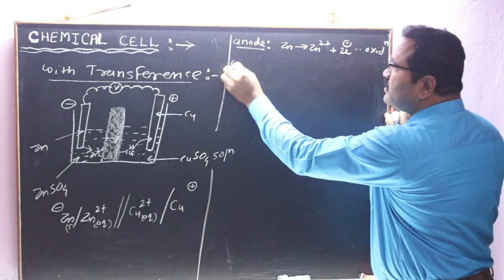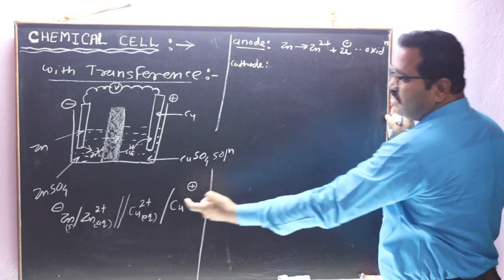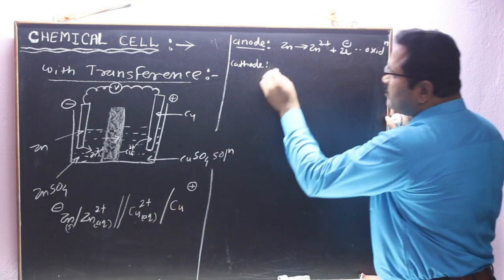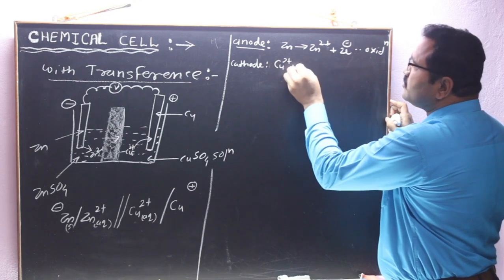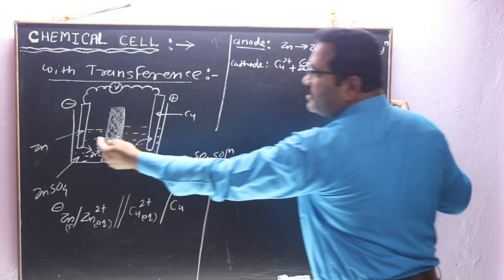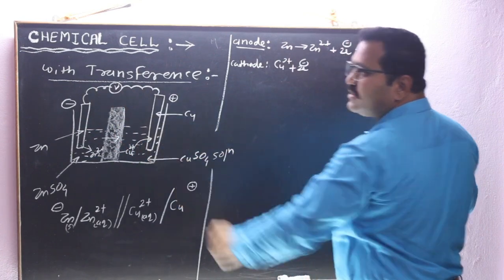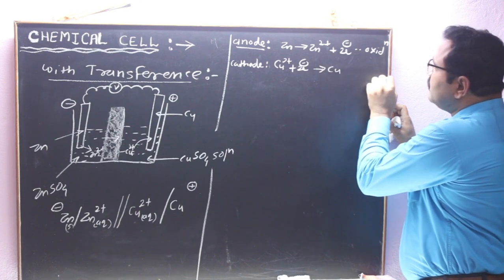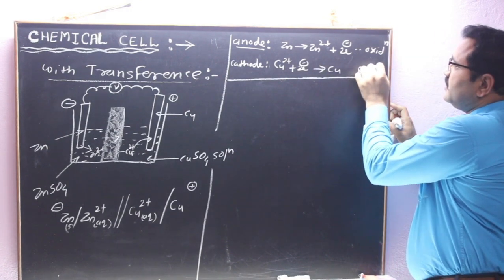At the cathode, reduction takes place. Cu2+ ions take 2 electrons, these electrons traveling through the external circuit, and form Cu. This reaction is a reduction reaction.